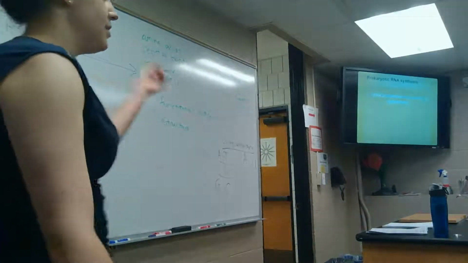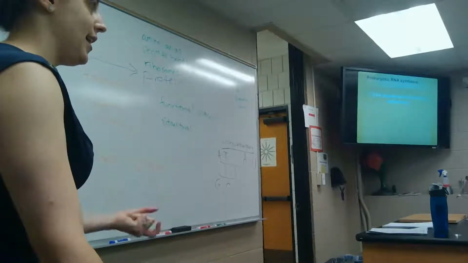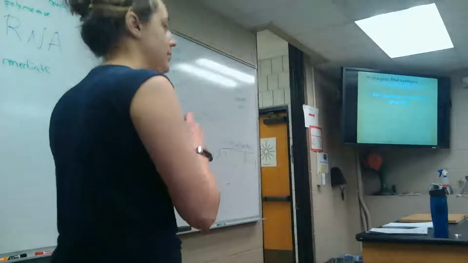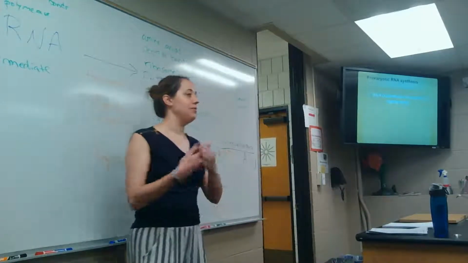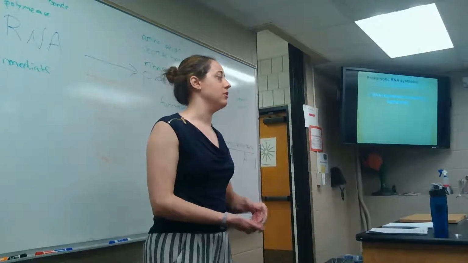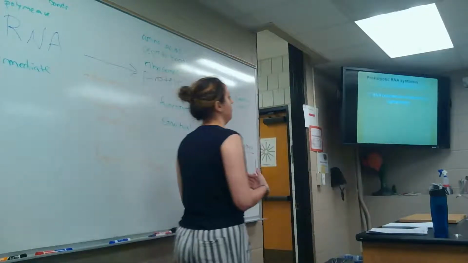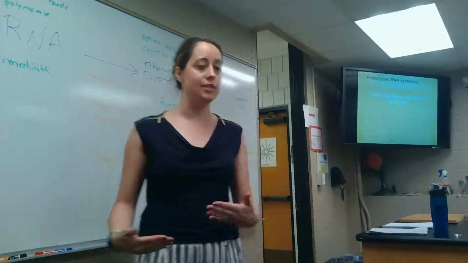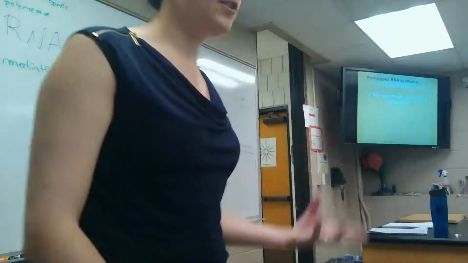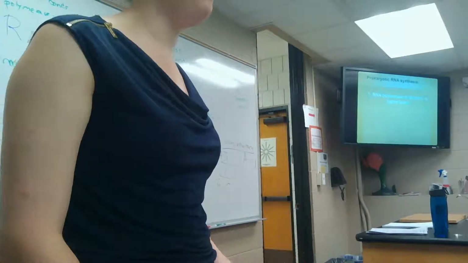So the first step that we saw in the video was that RNA polymerase, our polymerase enzyme, which is going to be responsible for catalyzing the formation of phosphodiester bonds, or in other words, adding nucleotides into this string of nucleotides, first needs to bind to this other protein called a sigma factor.